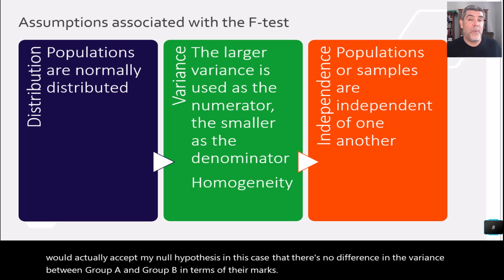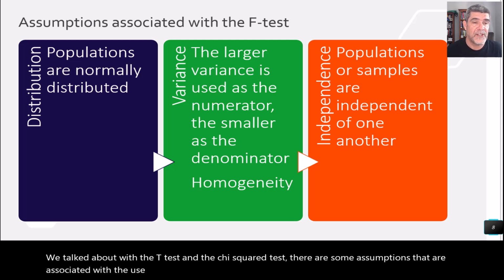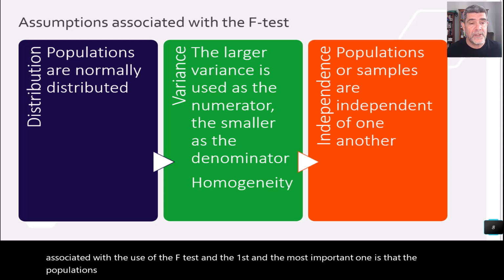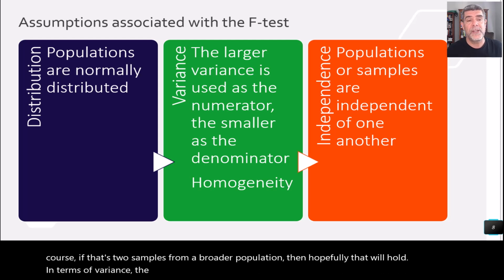Like we talked about with the t-test and the chi-squared test, there are some assumptions that are associated with the use of the F-test. And the first and the most important one is that the populations are normally distributed. So we're trying to pull from a normal distribution. In terms of variance, the larger variance is usually the one that's used as the numerator and the smaller one as the denominator.